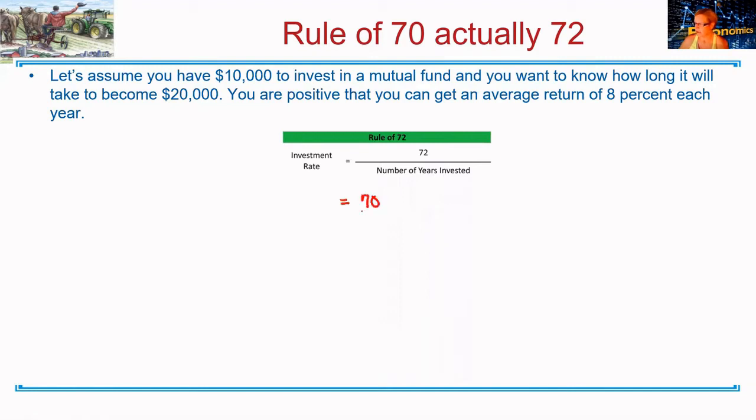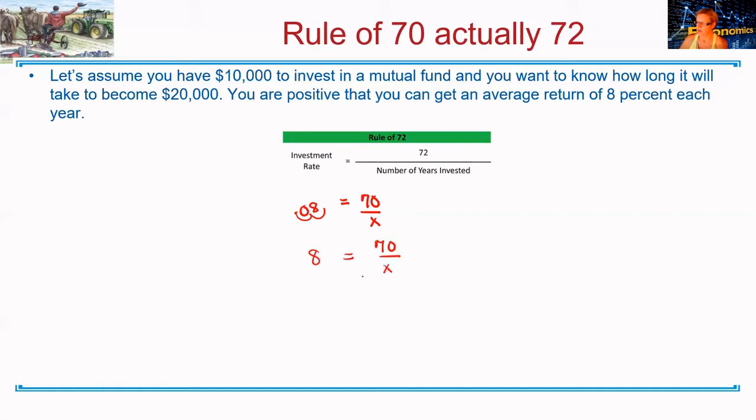So 70 divided by the interest rate, 8, and we're going to take this as an X. Now, the first thing I'm going to do is just turn this into a simple 8. And I'm going to say 70 over X.